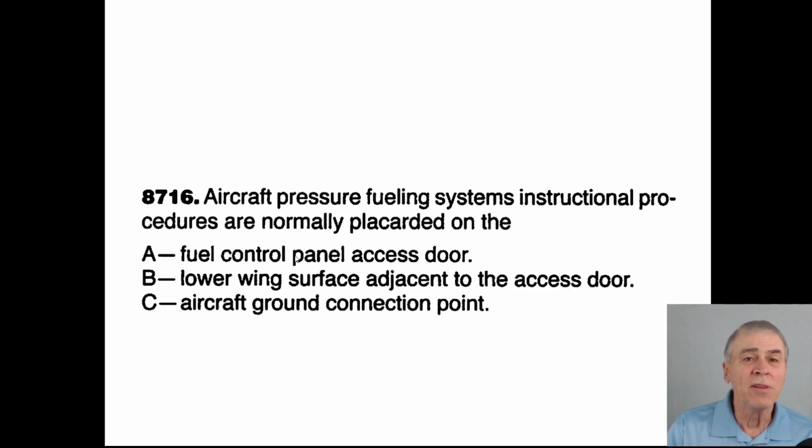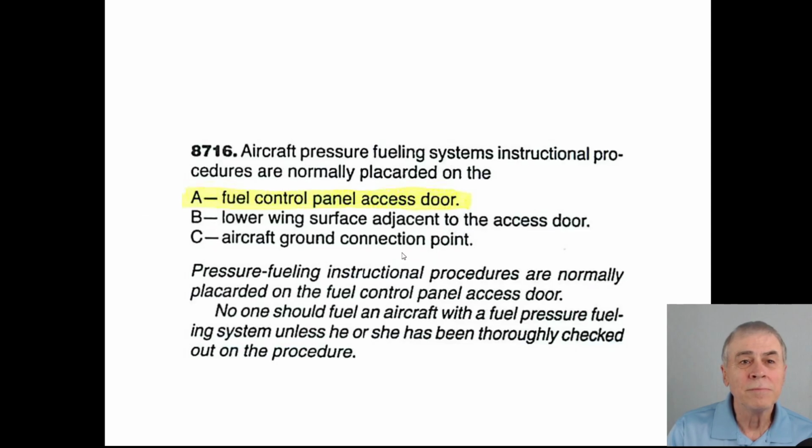You're normally going to see it, though, on the access door for the fuel control panel. A. And you should be checked out on the procedure. Otherwise, you shall not attempt to pressure fuel your aircraft.